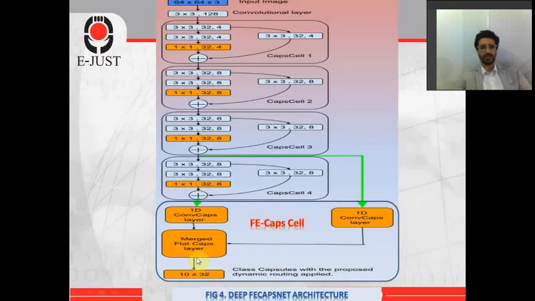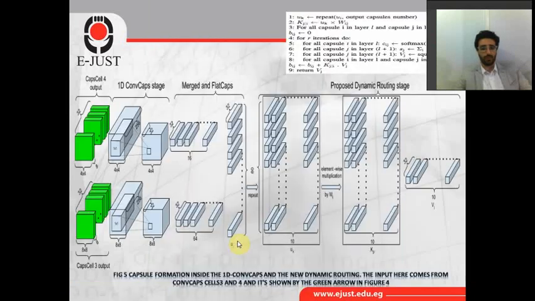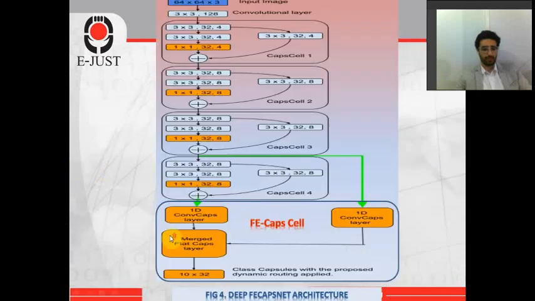After this, these capsules are inputted into the class capsules layer where the new dynamic routing process happens. And to give more details about this, as you can see, the first feature maps introduced are colored in green, because here the input to the FE capsule are these 2 green arrows.